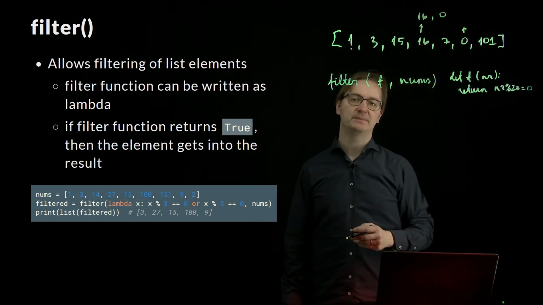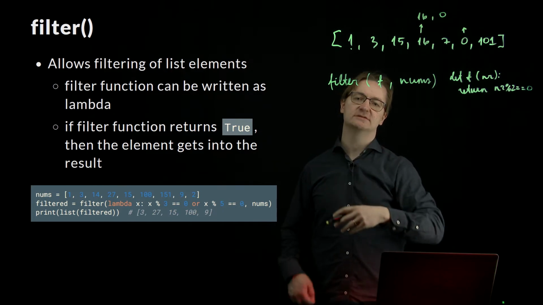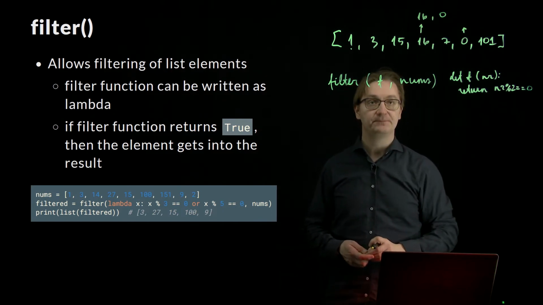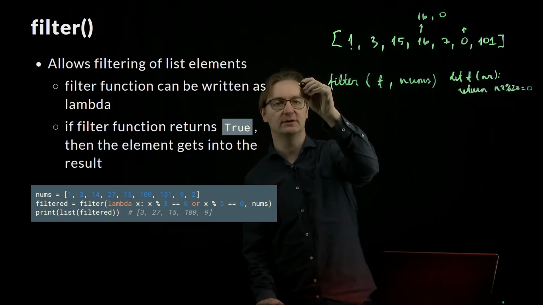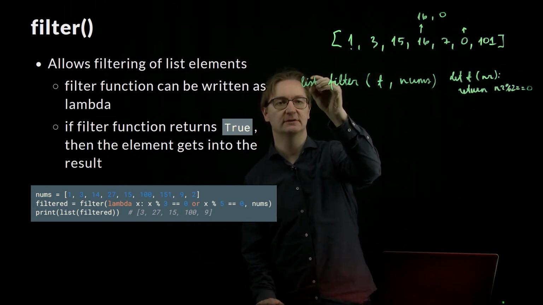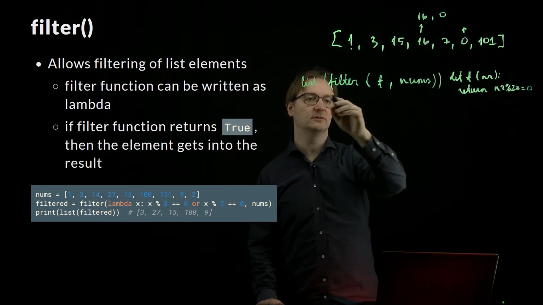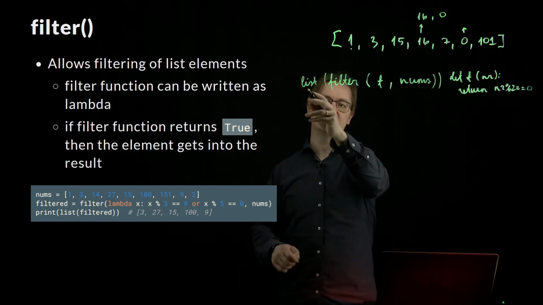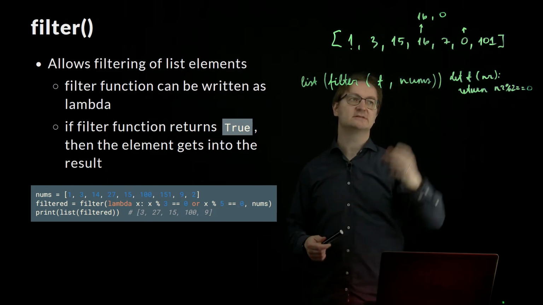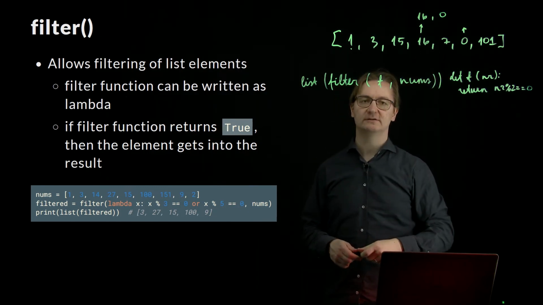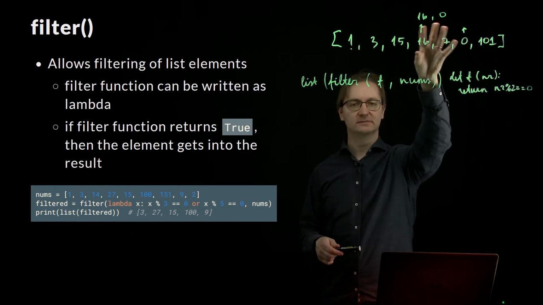What actually happens is that the filter doesn't return a list. To get a list from this, I just have to add list here. Whatever it returns, I convert it into a list. It's a list-like object where the elements are taken.